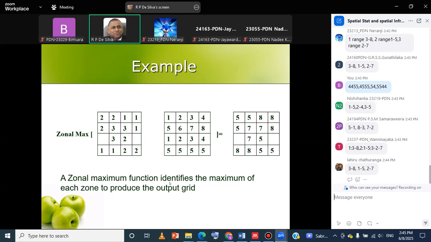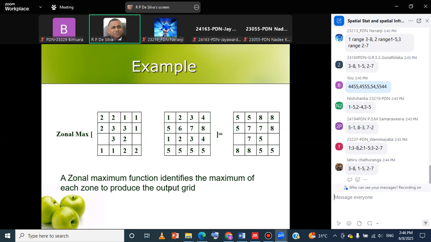Nishanka is correct. Bimsara is correct.